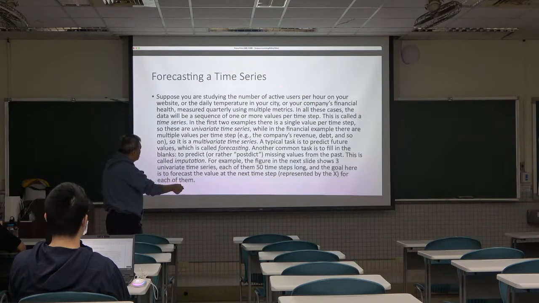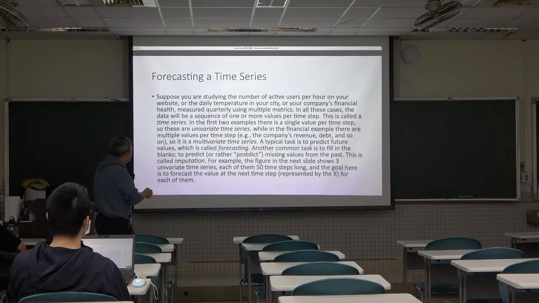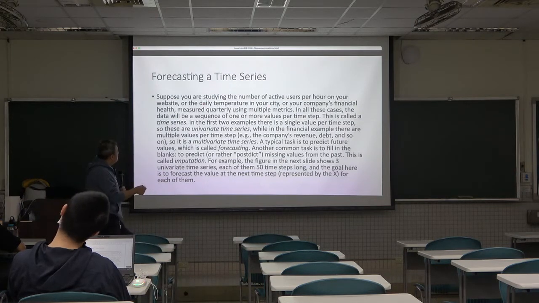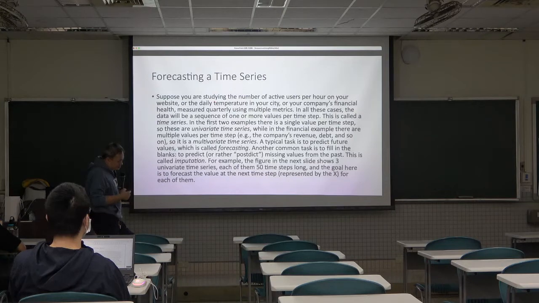Or your company's financial health measured quarterly using multiple metrics. This is a little bit more complicated, because you are measuring your company's financial health, and there are multiple metrics. So at each quarter you need to estimate a set of numbers.